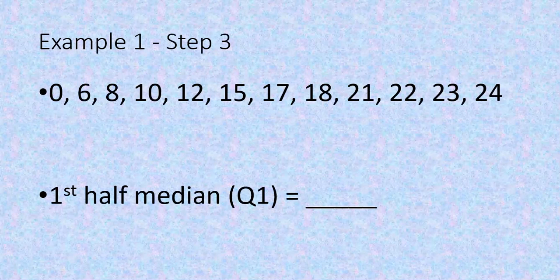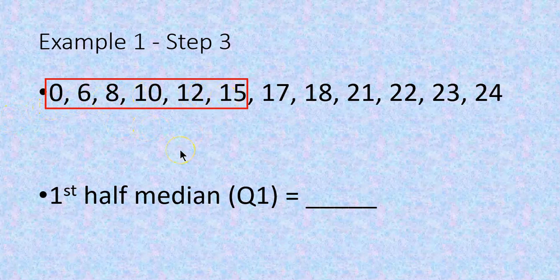Again, same data. We're not changing our data set, but this time we're only going to look at the first half. Remember, right here is where the median Q2 was. So we're only going to look at the first half of this data. There's the box for you to draw around your numbers. We're only dealing with 0 through 15.